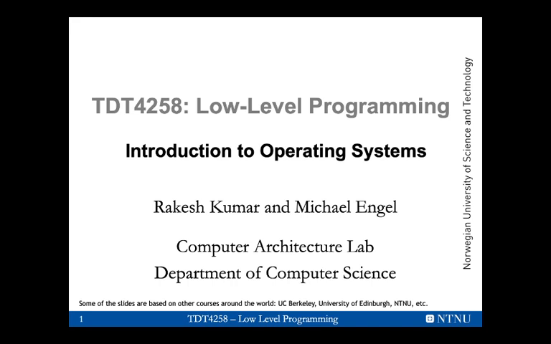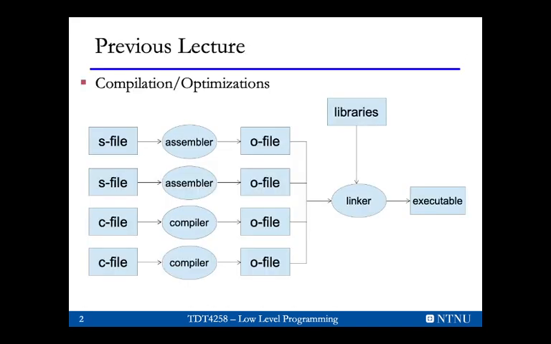So in our previous lecture we took a closer look at how your programs could be translated from an assembler representation or a C source code representation to machine code that you could execute on your machine.